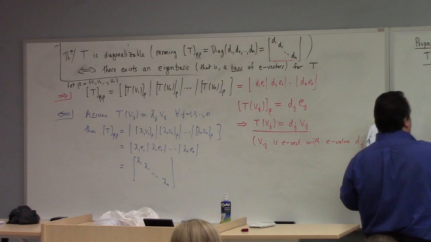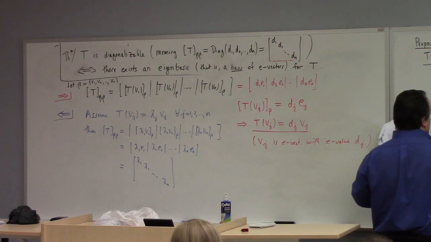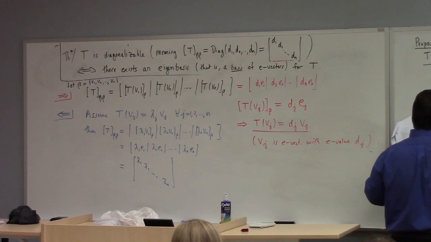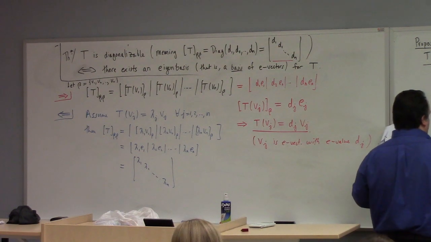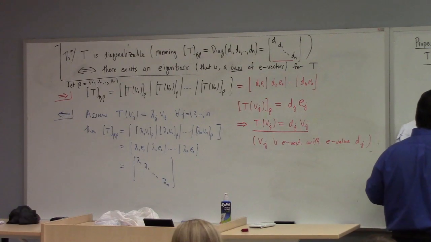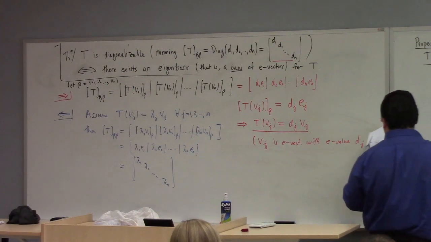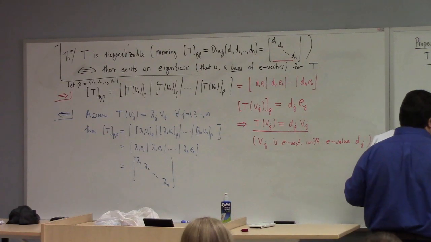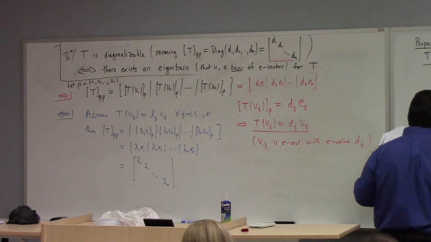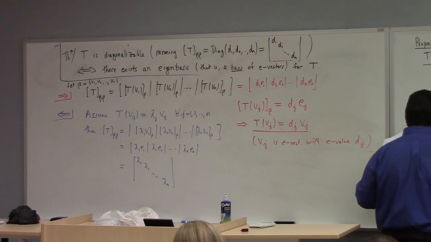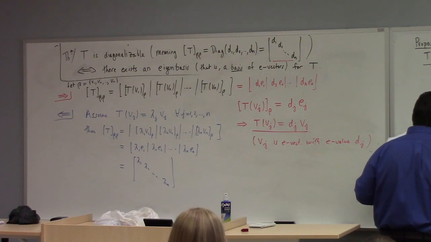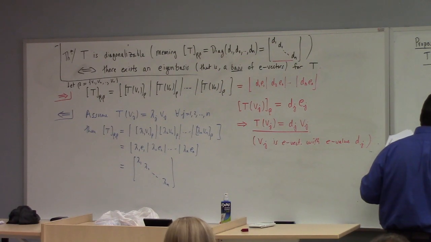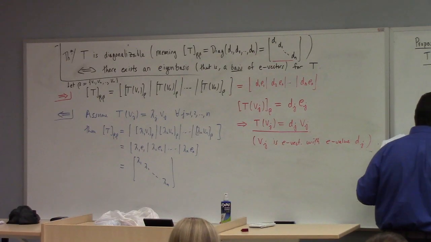Number 4, lambda is a solution to the determinant of A minus lambda I equals 0. And number 5, A minus lambda I times v equals 0 has infinitely many solutions.